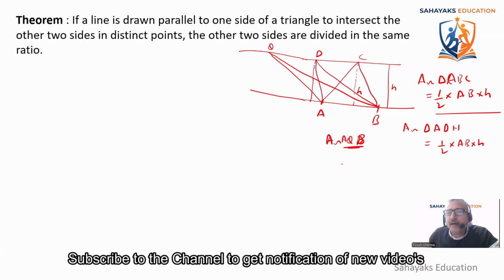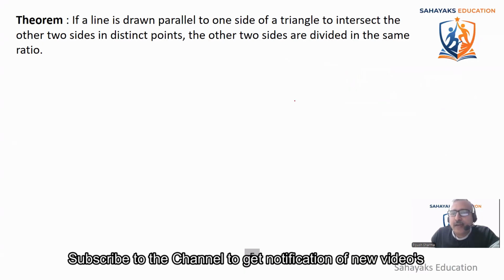That will again be half into base AB into height, because the height is again the same. So what I meant to say is, if we have two parallel lines and this is the base, then the area of this triangle is equal to the area of this triangle is equal to the area of a triangle made in this format.